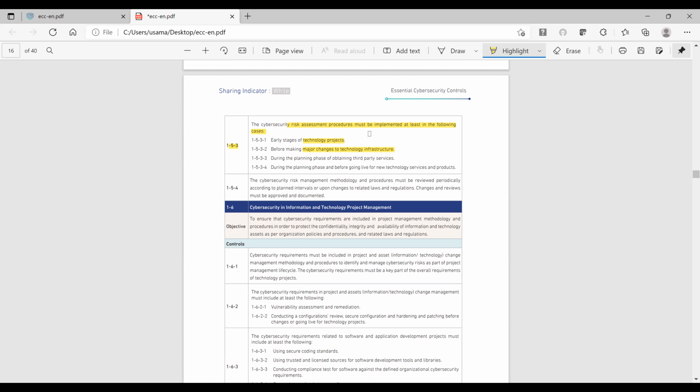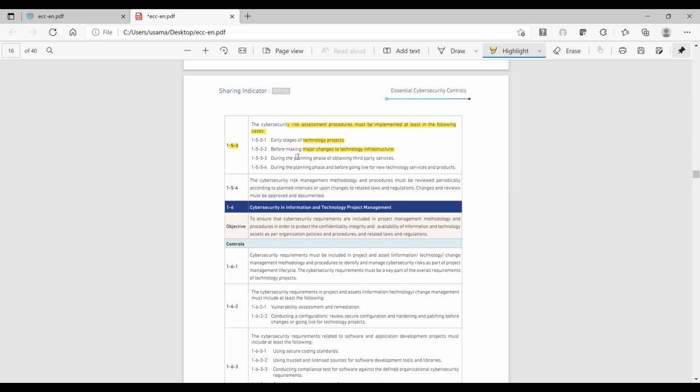These are considered major changes, because they will affect the operations and performance, and you must perform risk management to make sure that these changes will not affect the organization's goals and objectives.